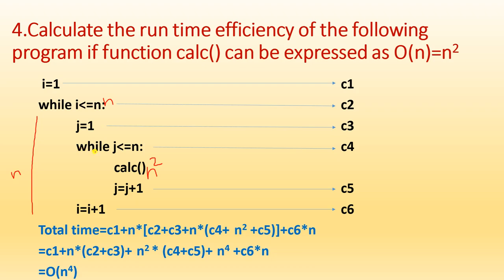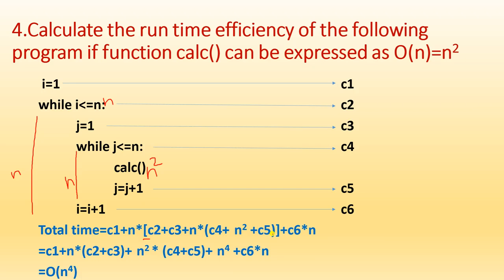Now again there is a while loop inside this. This while loop will also give result n. So the outer while loop n will multiply this C2, and there is a big bracket here, C2 plus C3, now plus n. This is the inner while loop. So n multiplied by C4 plus n square, this is the complexity of the calc function, plus C5.